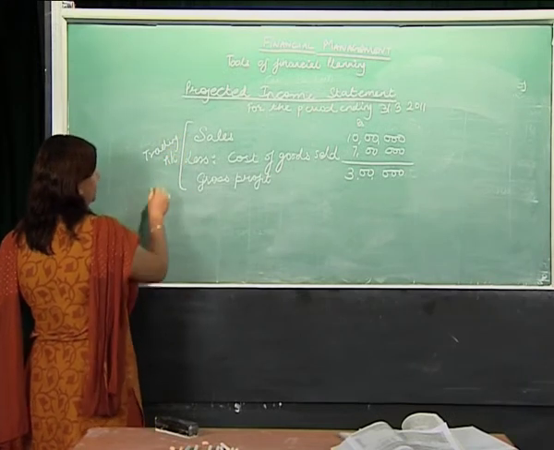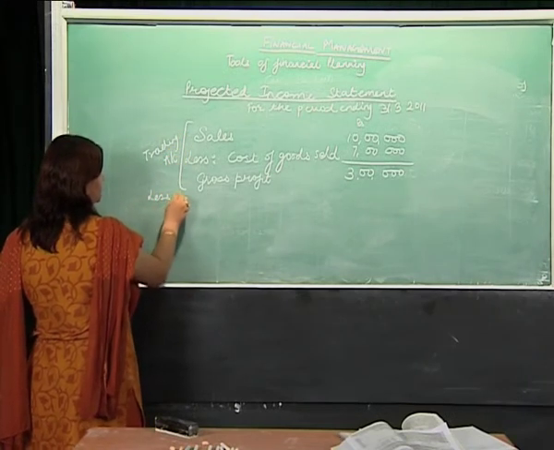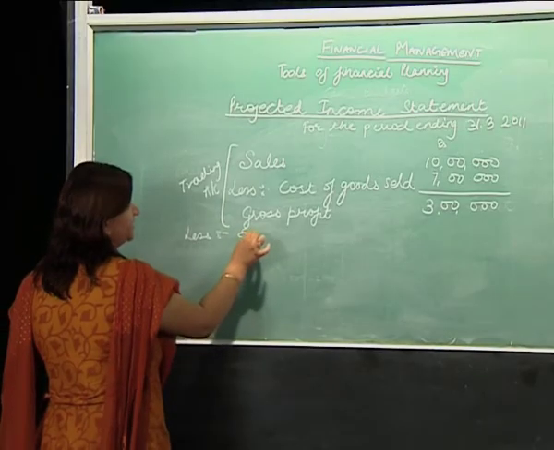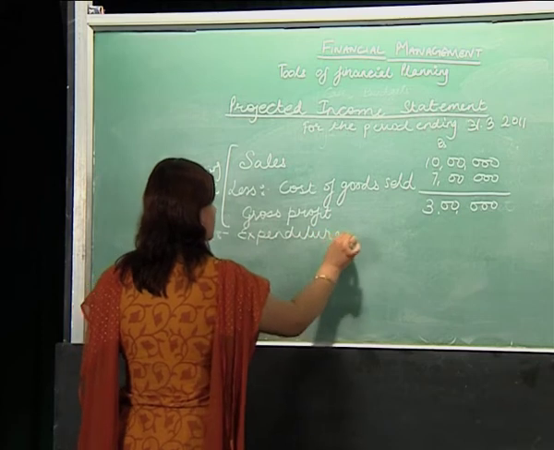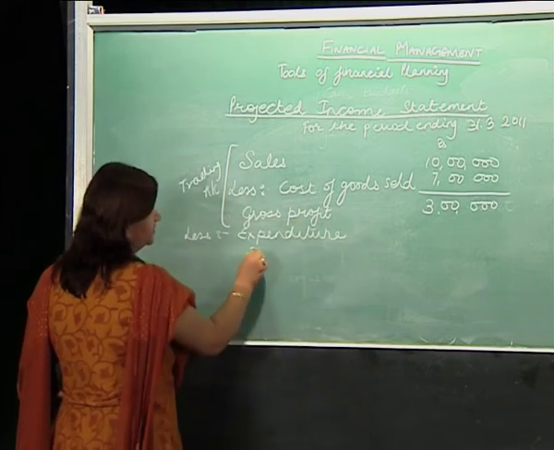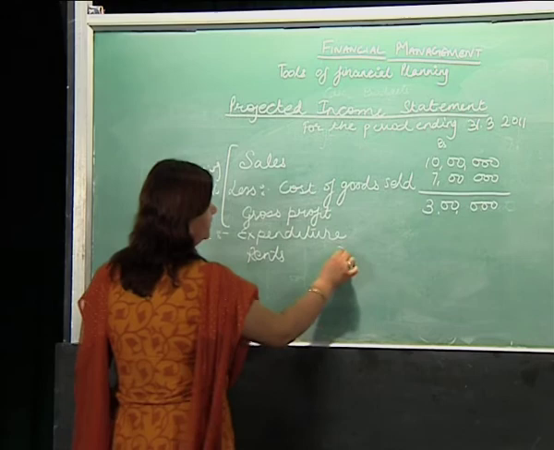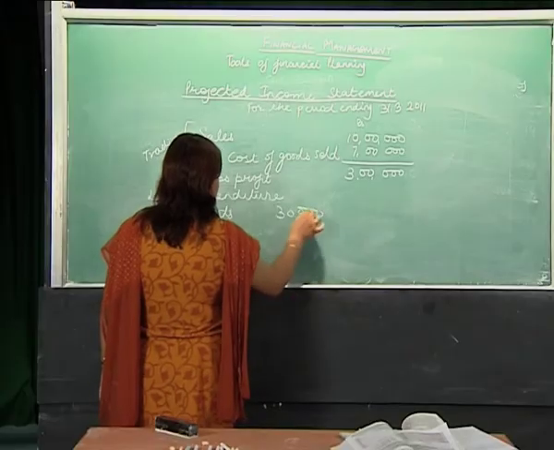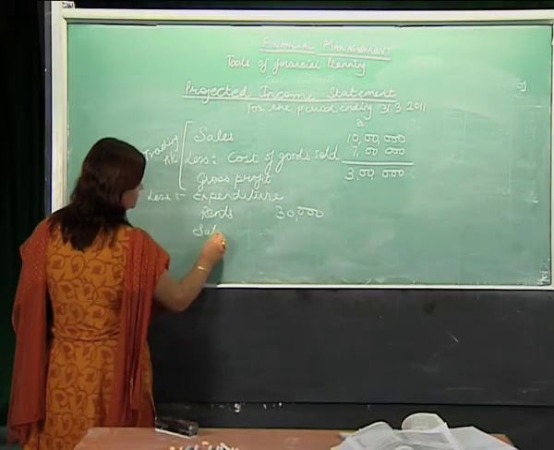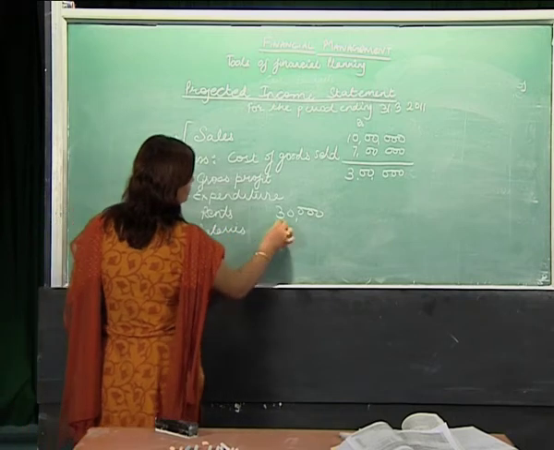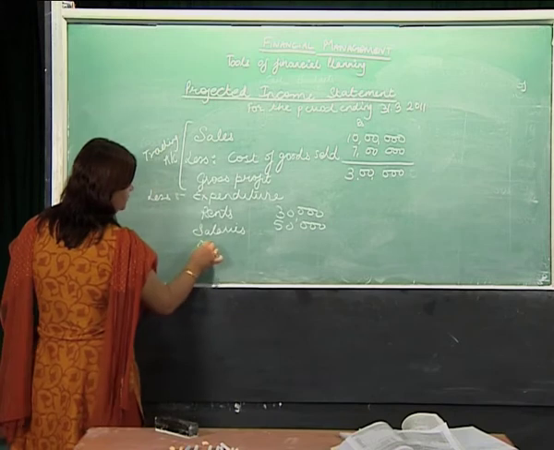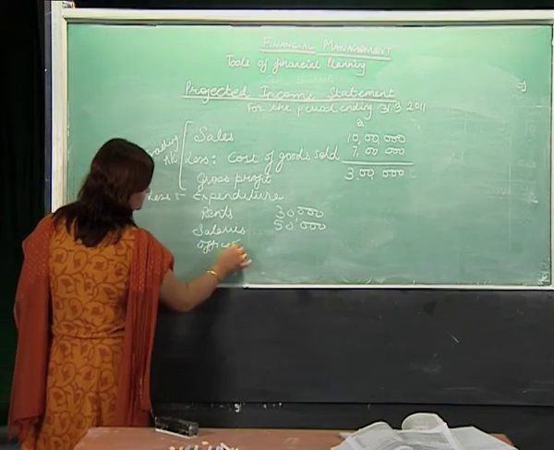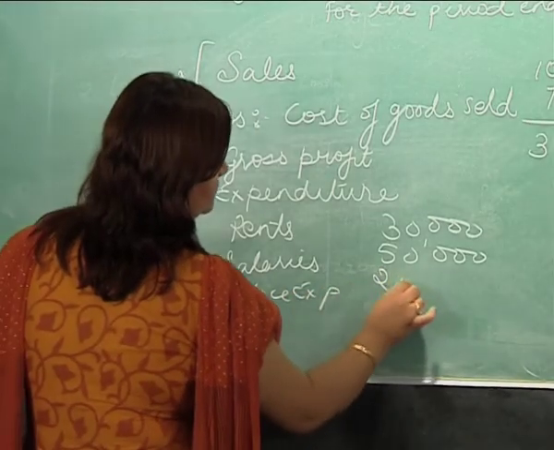Now, we will subtract expenses, less expenditure. It will be rents 30,000, salaries 50,000 and office expenses 20,000.